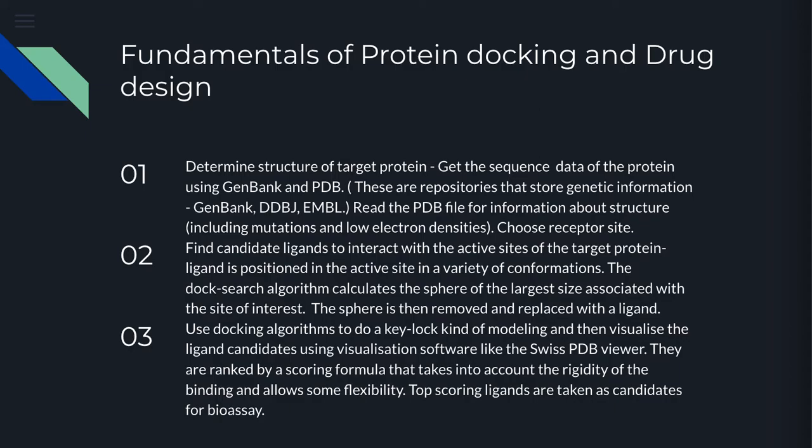You would then choose a target site on the protein for the drug candidate to interact with in order to prevent a major biological or biochemical function the protein is responsible for.